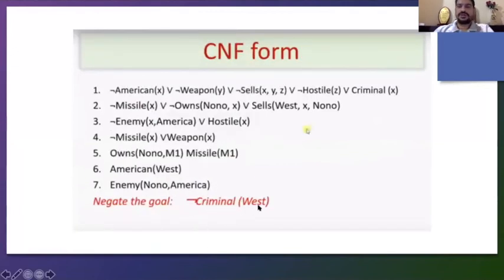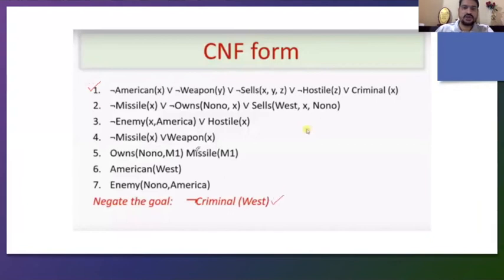Now after that we apply the resolution inference rule in proving that Colonel West is a criminal. To prove Colonel West is a criminal, we'll start with two things. We'll start with the first definition, the first sentence that we have defined, and we'll start with the goal.